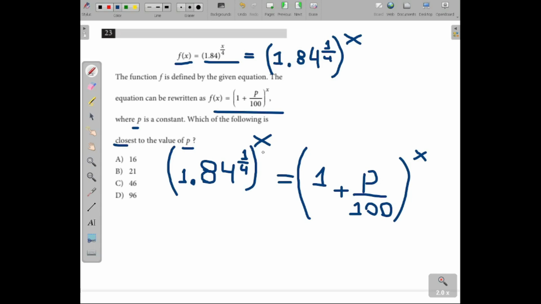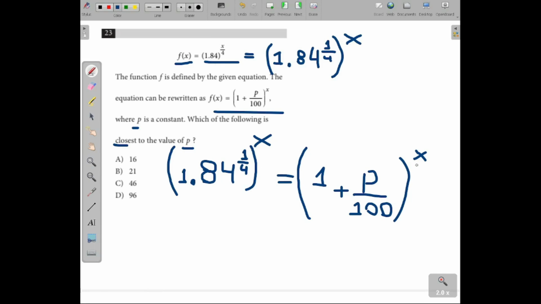So first, we can say that 1.84 to the power of x divided by 4 is equal to 1.84 to the power of 1 divided by 4, and all of that to the power of x. That's the same, because if we multiply 1 times x, we'll obtain the same term.